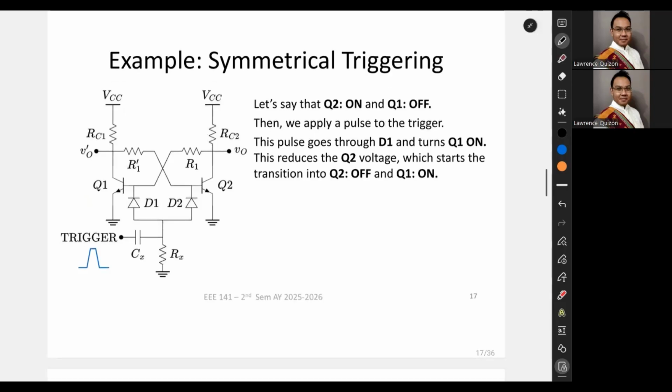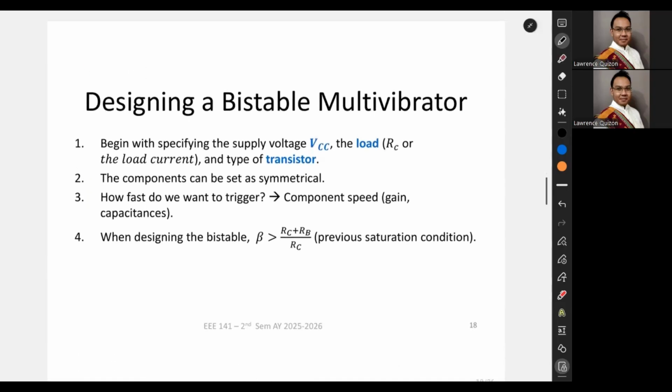So, when designing a bistable multivibrator, we first try to specify the specs again. What are the supply voltages that are available? Typically, this has something to do with the application you're trying to make the bistable multivibrator for. You don't just make a bistable multivibrator because you want one.